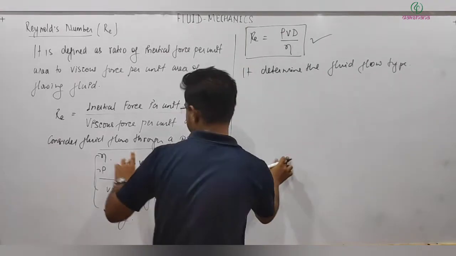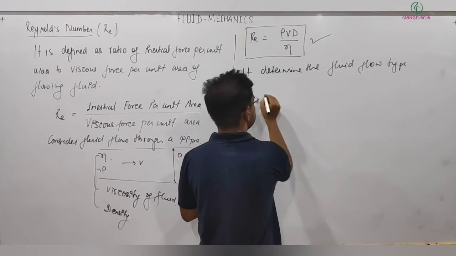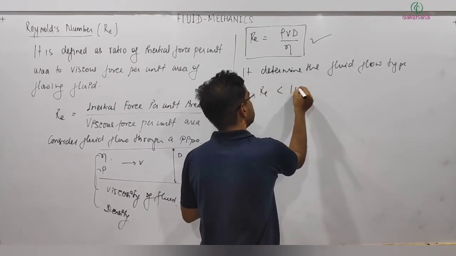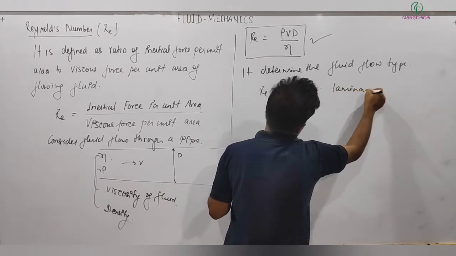Right now I am talking only for a pipe. According to NCERT convention, if Re is less than 1000 for a pipe, it's laminar flow.